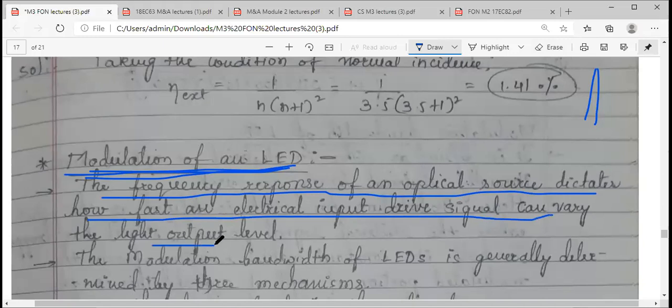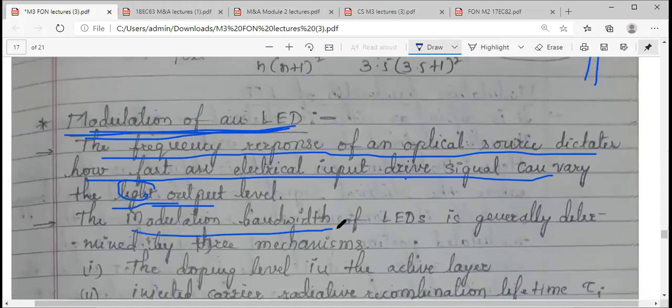What will your output be? For an optical source, light is your output. So how fast the electrical input that you supply changes, either increasing or decreasing, determines how fast it will change your output light signal. So now the term modulation bandwidth comes here. I have already discussed the modulation bandwidth.